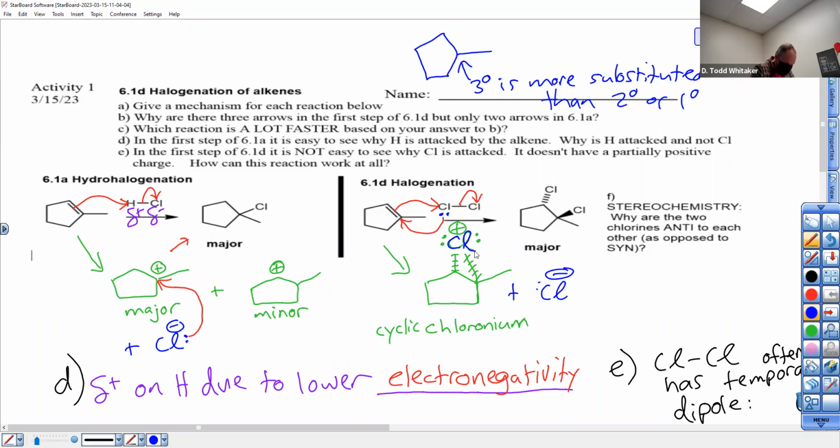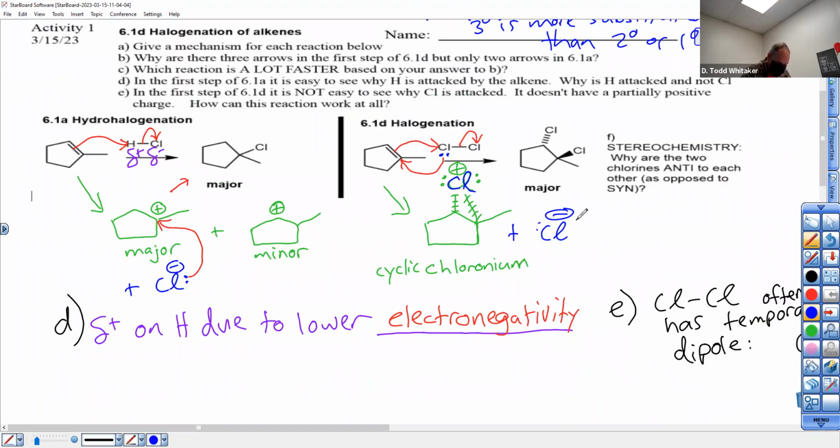So E. In the first step of 6.1d, it's not easy to see why Cl is attacked. And the answer is over here. It doesn't have a partial. How can this reaction work out? Well, it waits for it to have a temporary dipole for it to work, right? And then later, the chlorine is going to come in and attack one of these two carbons.